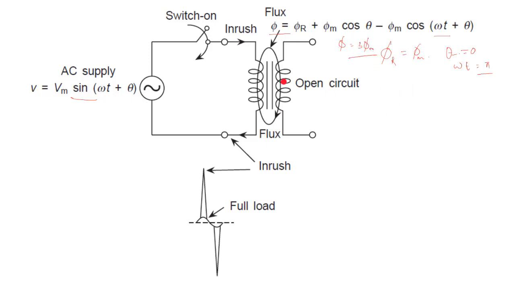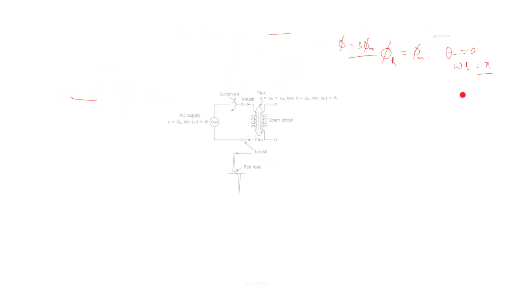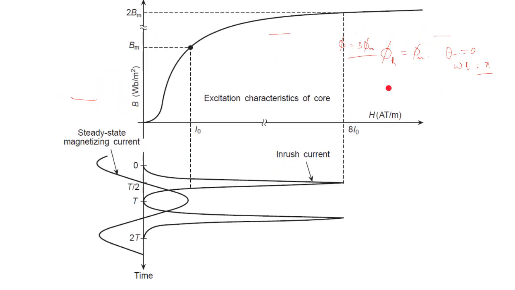Therefore, in order to provide this high flux value, your magnetizing current will become very high. You can see from this figure how it becomes very high.